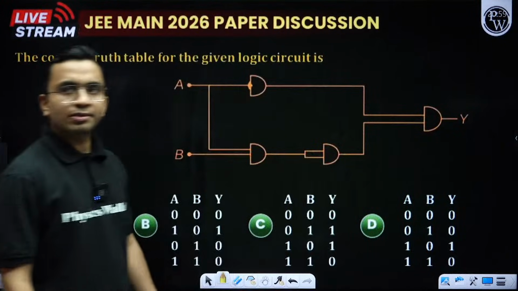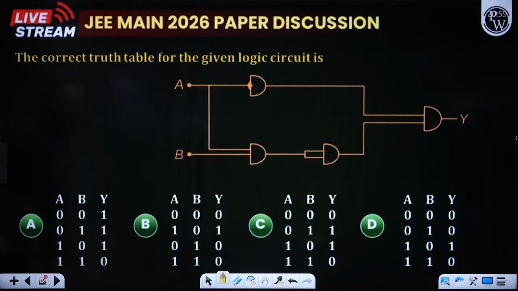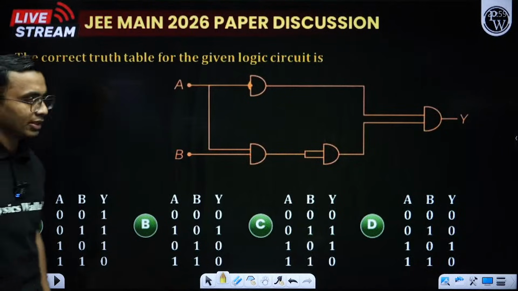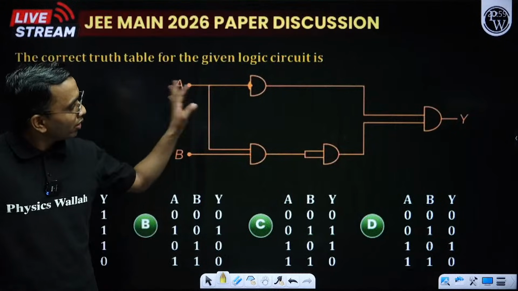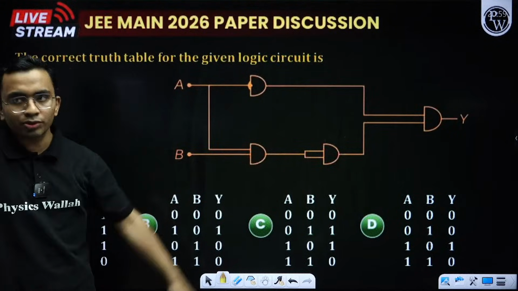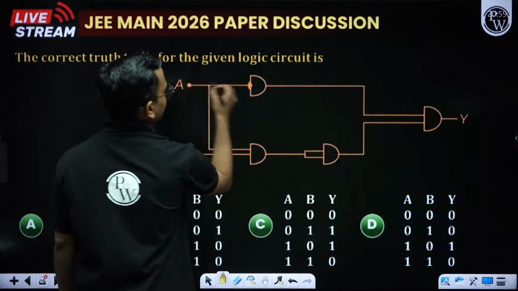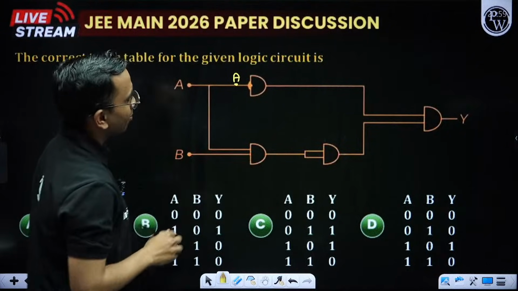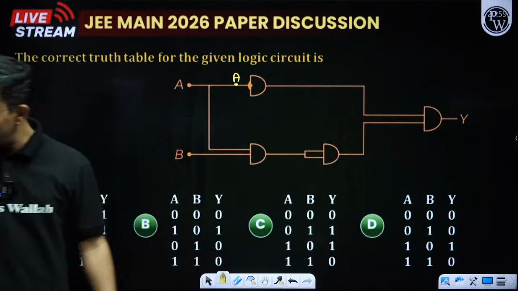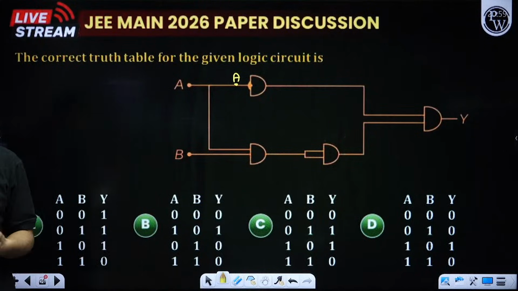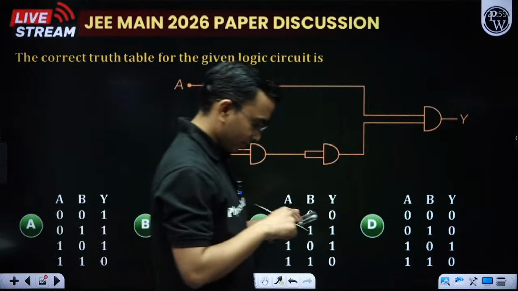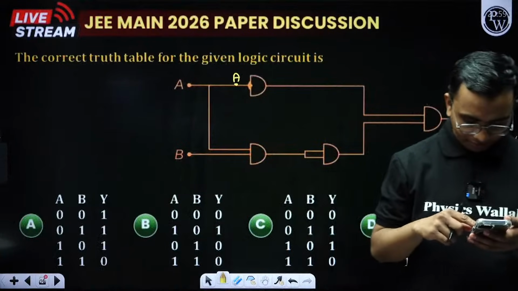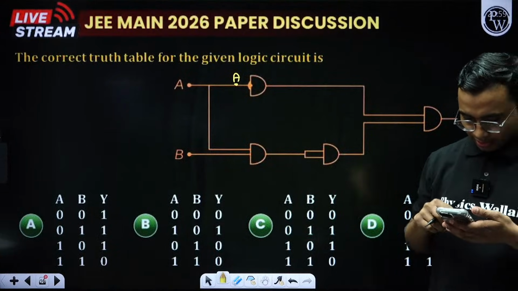Okay. This is a question on logic gates. Let us read. The correct truth table for the given logic circuit is. So the logic circuit is given to us. We need to draw the truth table. This is A. Now this is an AND gate.